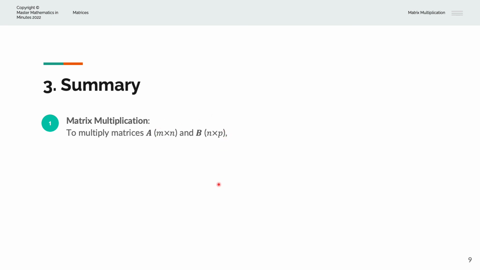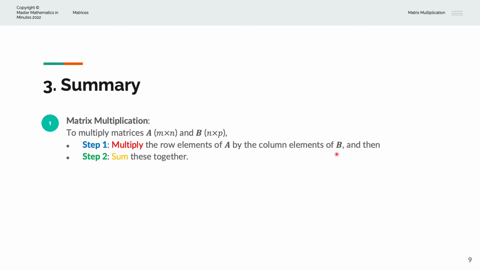To multiply these together, step 1 is where we multiply the row elements of A by the column elements of B, and then step 2 is where we sum these together. The order of the combined matrix AB is m by p.